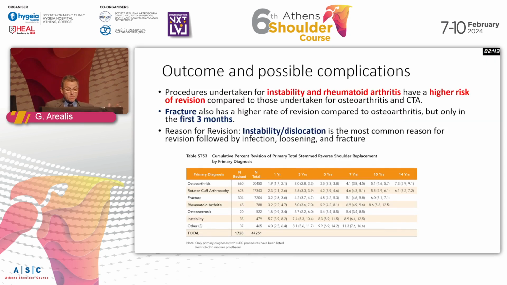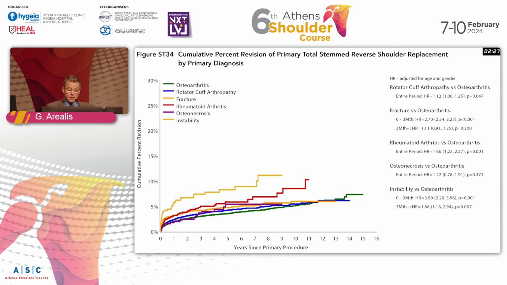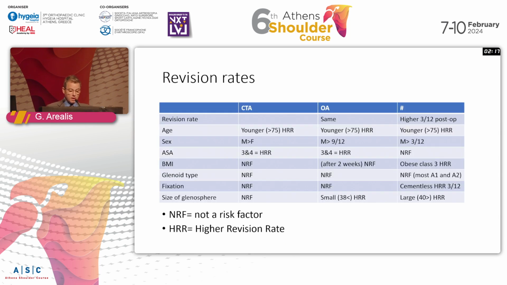So what are the biggest problems we can expect? Cases for instability and rheumatoid arthritis have a higher revision rate than cuff arthropathy. Fracture has a high revision rate in the first 3 months, but after that, things gradually settle down. And if you see here, the highest revision rate is in the instability, and that is where you need to be very careful to restore the balance around the joint.